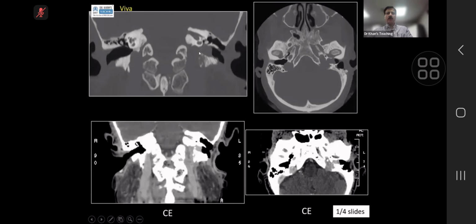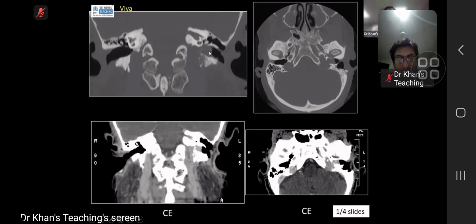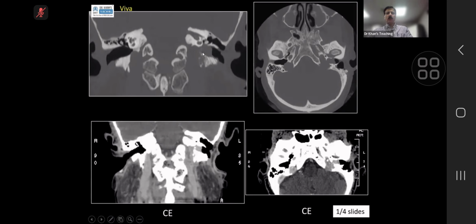Compare this jugular foramen with this jugular foramen, and there is some soft tissue which is going into the middle ear. When we gave contrast, though the windowing is not very good, this is the appearance on contrast, and this is the appearance on contrast. Please describe the lesion and give me your diagnosis.